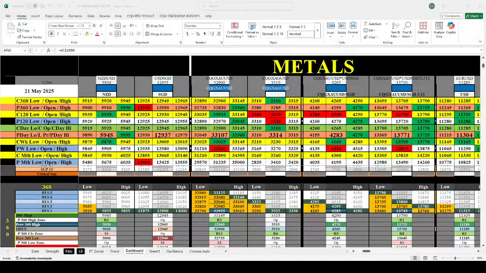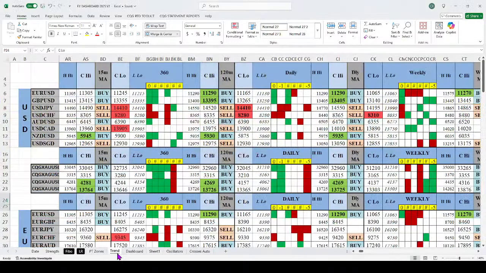So now let's do our trades, and what I'm going to do is give you the highs and lows of today for the instruments which we are going to trade.